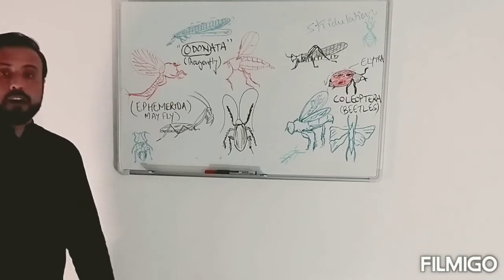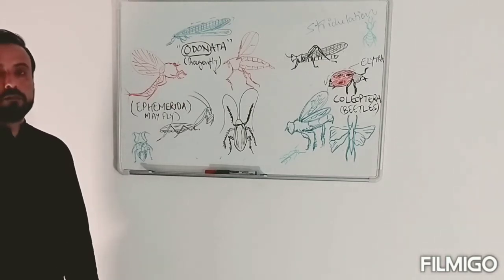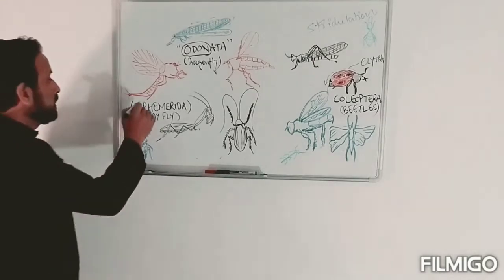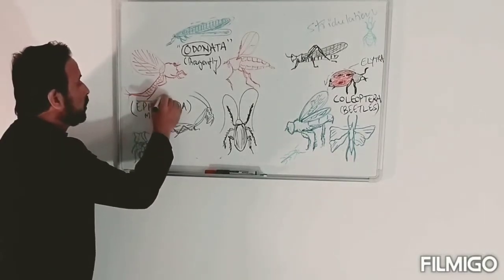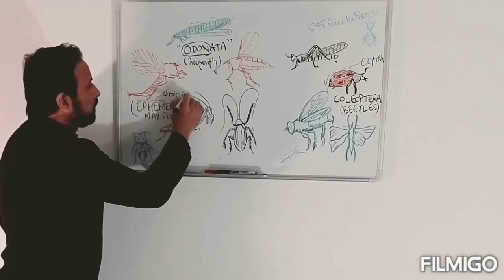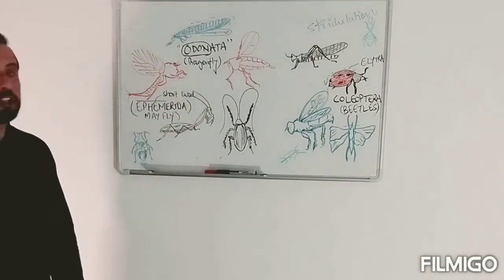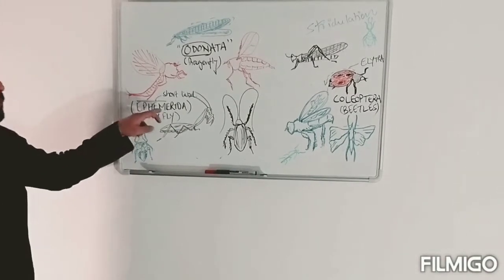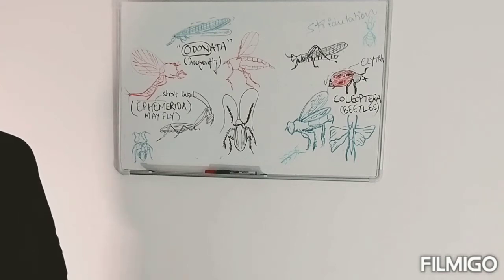They die because they have a very short duration, right? Because of the short duration, they are called Ephemerida. This word means short-lived. Their lifespan is very short. That is why they are called Ephemerida.